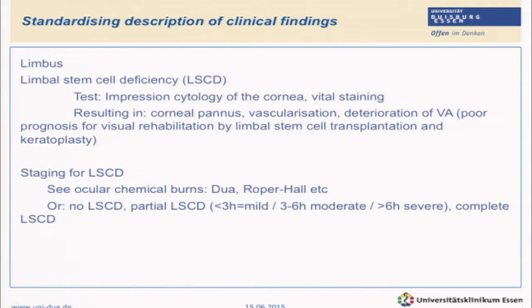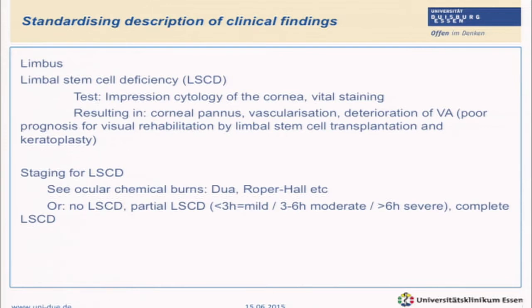And this results in corneal pannus and vascularization of the cornea, and this also leads to deterioration of the visual acuity. And the problem is that these radiated eyes have a very poor prognosis for visual rehabilitation, because if you have very large fields for radiation, you have no good prognosis for limbal stem cell transplantation or keratoplasty.